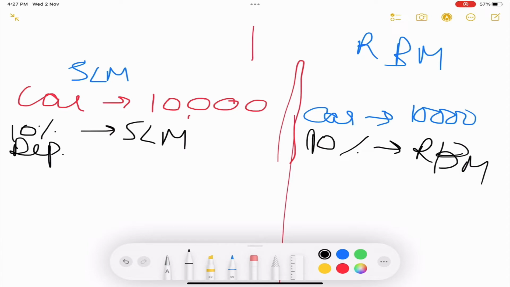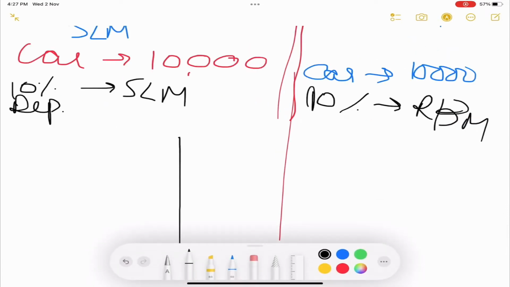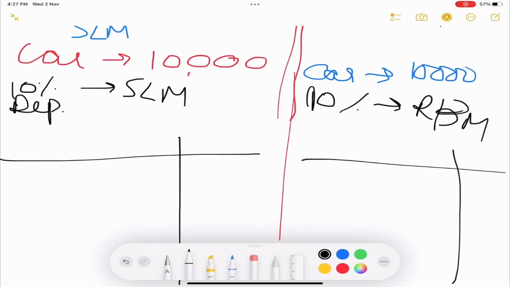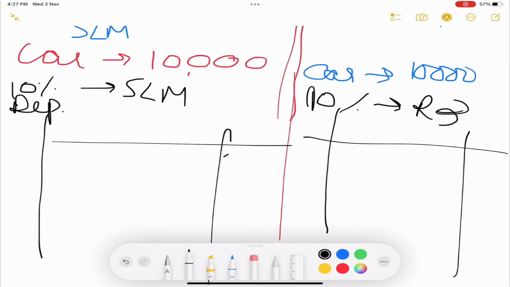Okay, now whenever these questions come, you make tables, you make a column particulars and a column amount, just like how we did with ledger. We can also make a date column, so let's do that as well, that will make things easier for you. So you have three columns: the date, the particulars and amount.